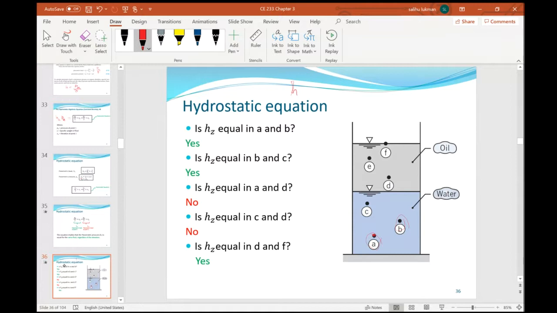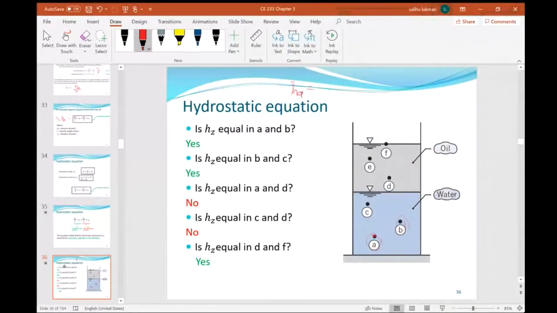The piezometric head for point A is going to be the pressure at A over gamma plus ZA. That is the pressure due to the liquid acting at this height, plus the elevation head.